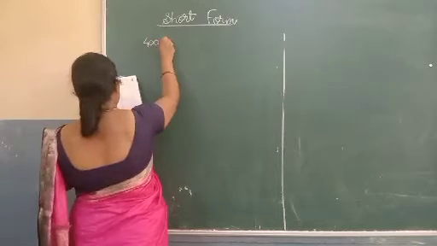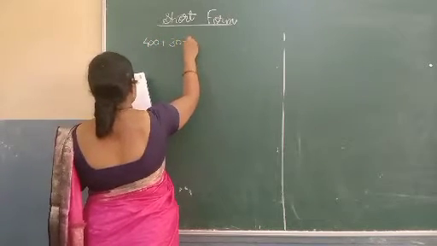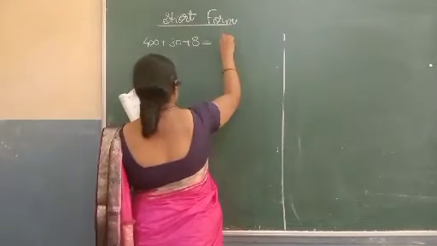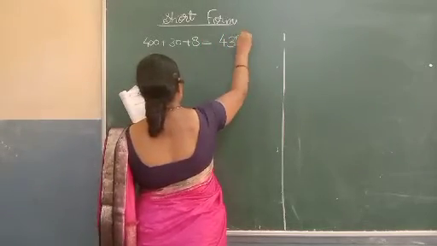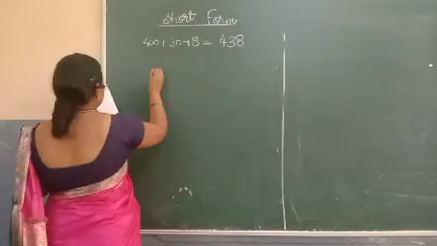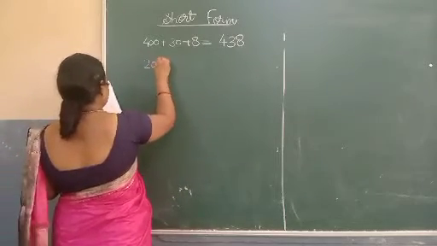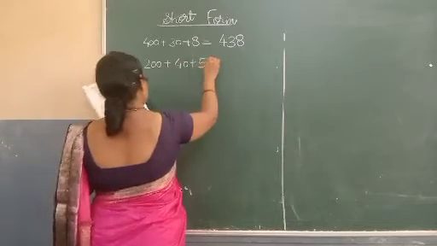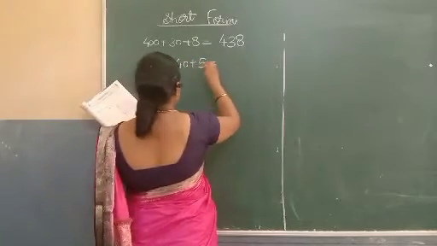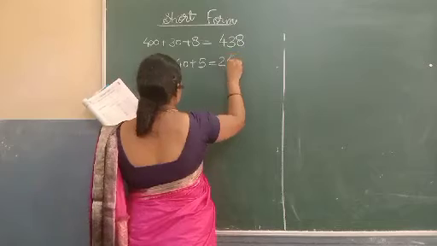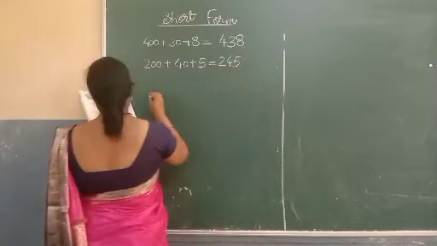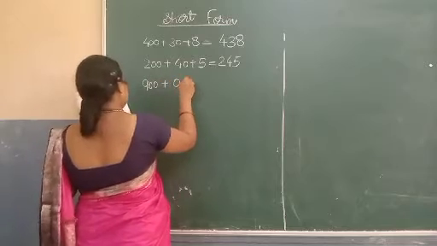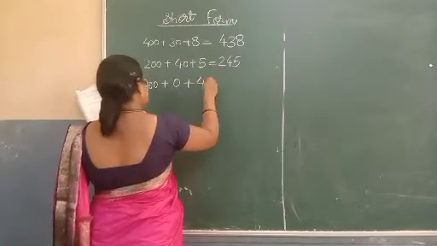Given 400 plus 30 plus 8. So here 4, 3, 8, 438. Next, 200 plus 40 plus 5. You can write short form like this, 245. Next, 900 plus 0 plus 4.